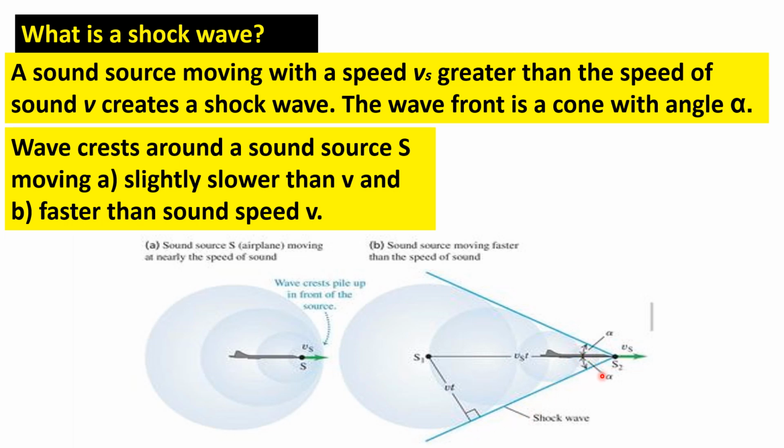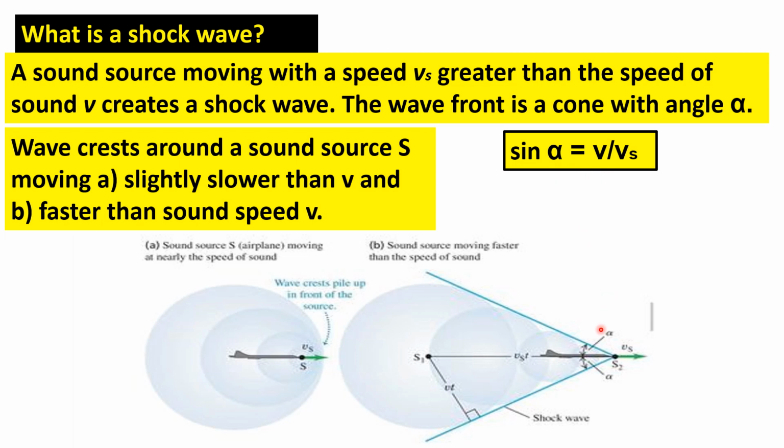Okay? And the angle that is formed by that line, labeled here as angle alpha, is related to the speed of the sound and the speed of the source in this manner.